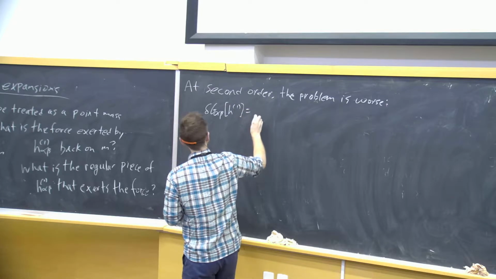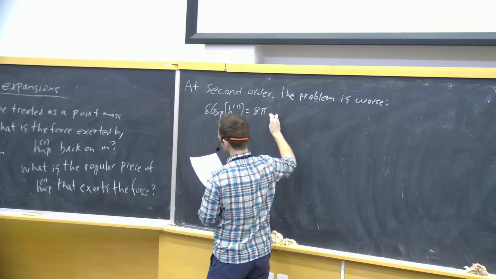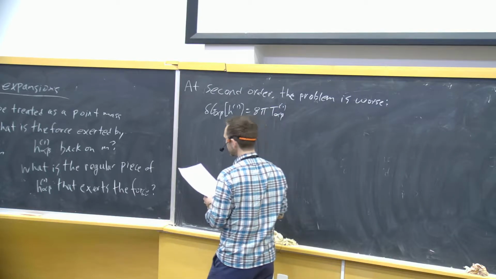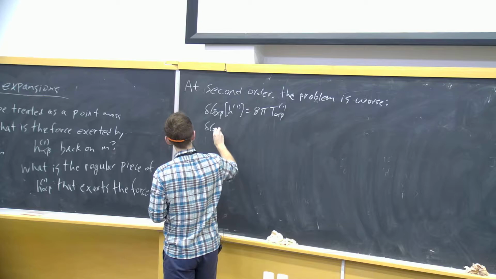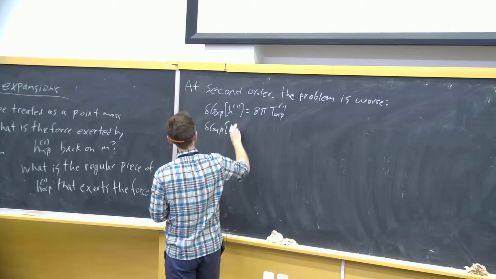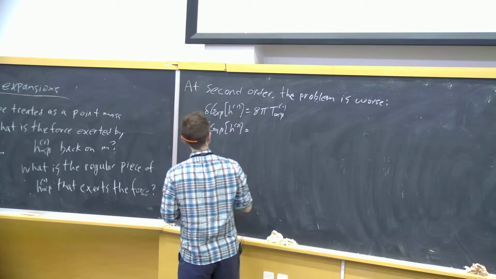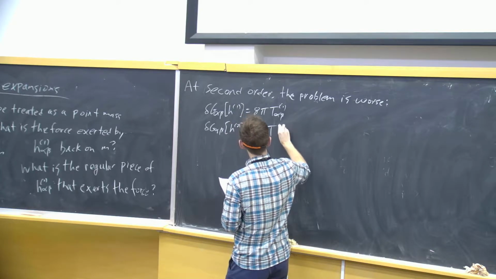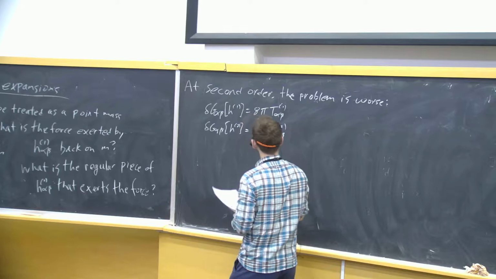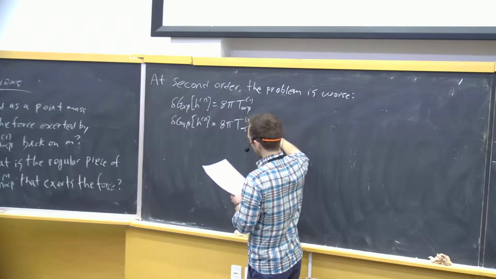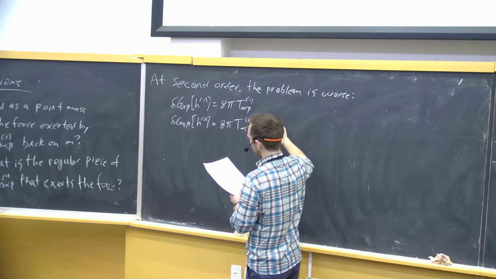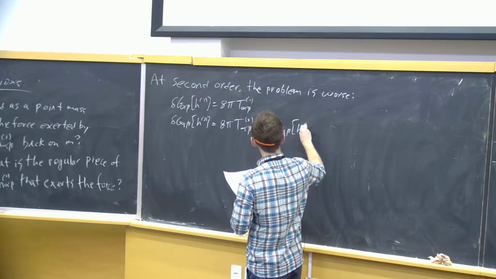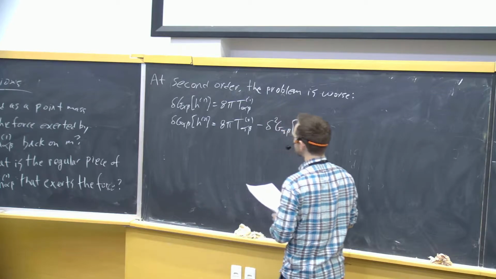H1 was sourced by a point particle, and H2 was sourced by some correction to the point particle stress energy tensor minus delta squared G alpha beta H1.